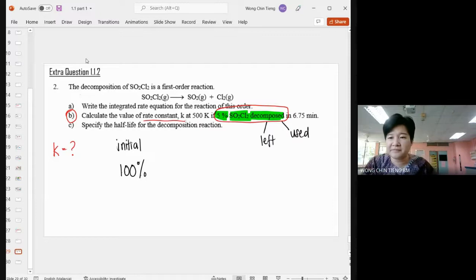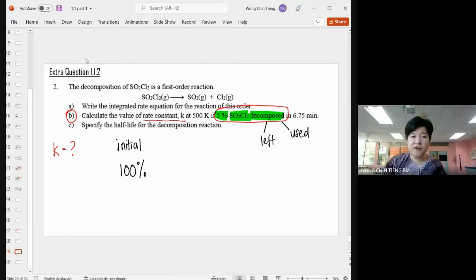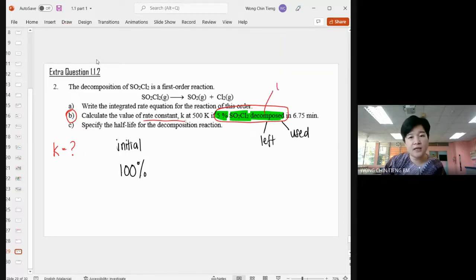Bahasa Inggeris je ni. 5% decompose. Lim? Use. Use. 5% decompose sayang. Perkataan decompose represent use. Represent reacted. Represent depletion. Alright? Represent digunakan.